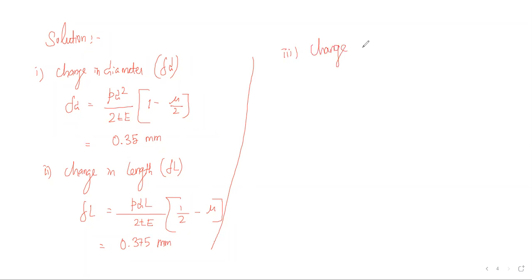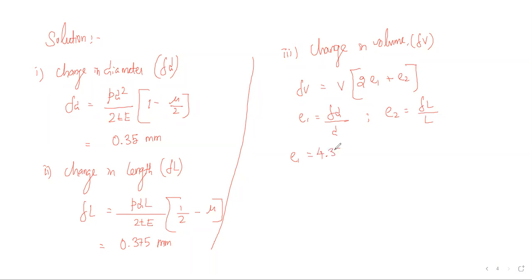So next, change in volume, del V. So del V is equal to original volume multiplied with 2 into E1 plus E2, whereas E1 is equal to del D by D and E2 is equal to del L by L. So E1 value is 0.35 divided by 800, so 4.375 into 10 to the power minus 4.